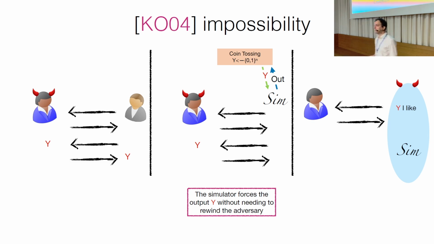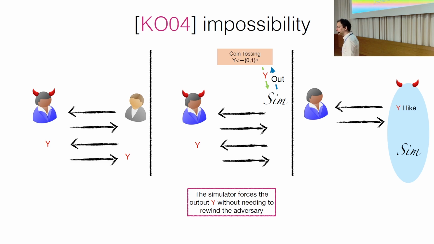And at some point, we know that the simulator will say, give me the output now. Because the simulator thinks it's interacting with an ideal functionality. So the simulator says, give me the output. And the adversary will just craft some output he really likes, because he wants to bias ultimately this coin toss.